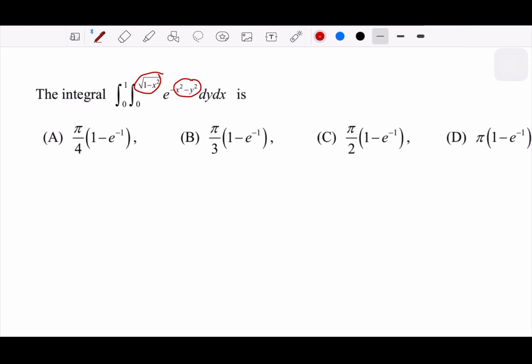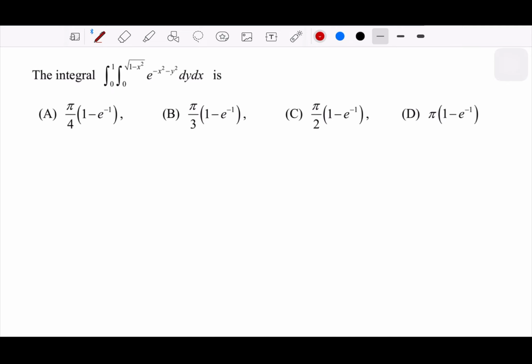Now whenever you see this particular square root or any x squared and y squared in the equations in a double integration, that is one signal that probably you need to convert to polar. You can stop the video and try to find the solution, but let me just go through the solution. Let me write the double integral.